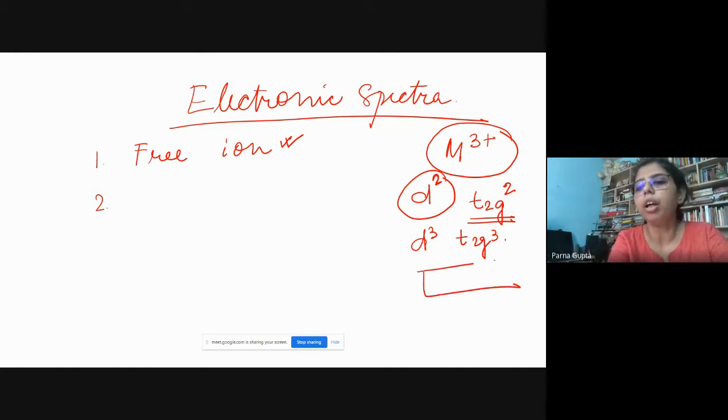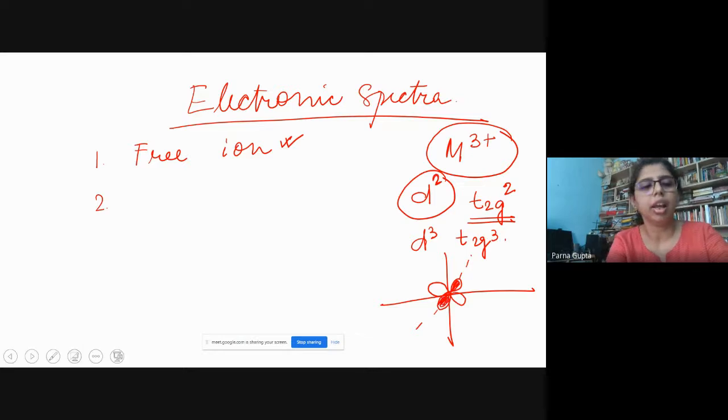Now you have the x, y, z axes. If you have an electron, let's say here, and just for understanding, you have dxz, and what I have shown you is the dyz and dxz.